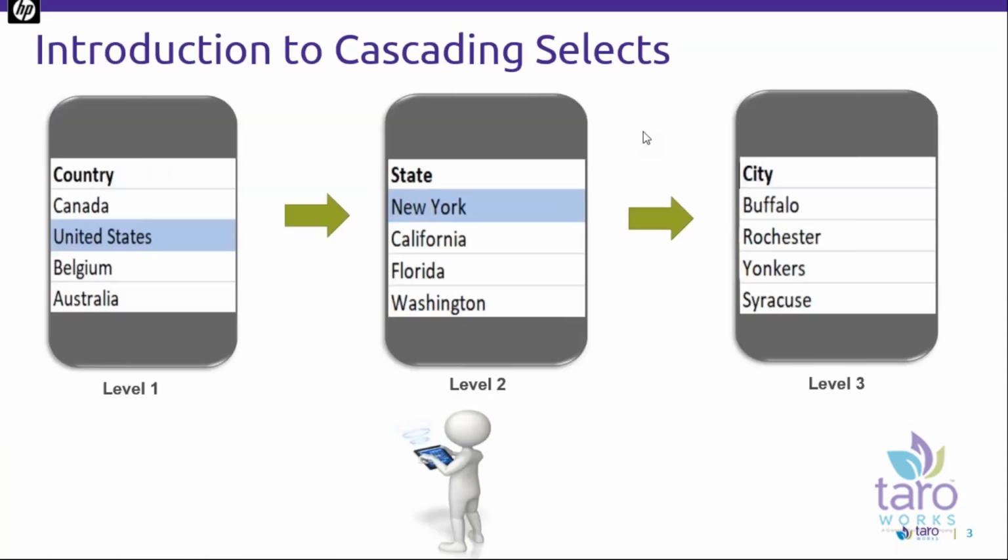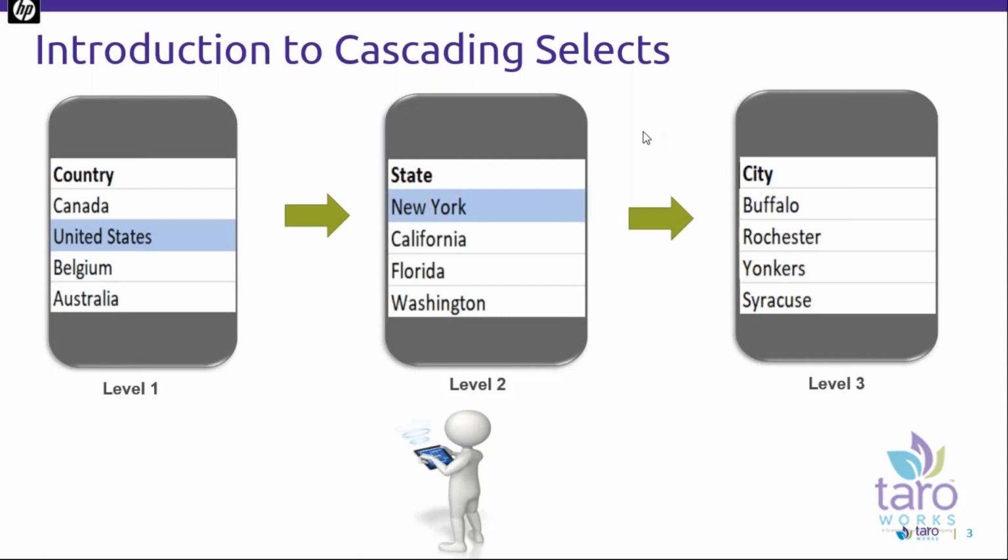Cascading Selects are defined as dependent pick lists. The options that are presented in a pick list question can be narrowed down based on the option that was selected in the previous pick list question. This means the choice you select for question 1 changes the options available in question 2.